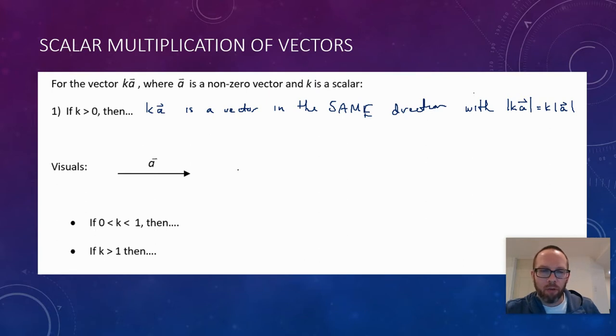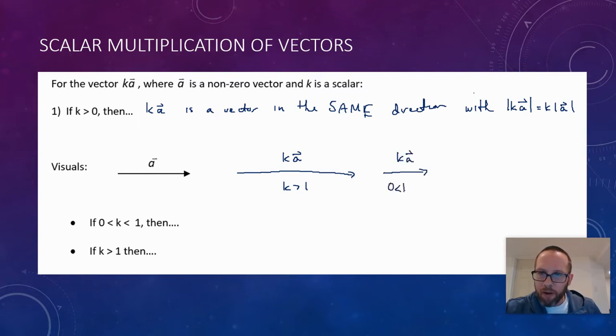So here's a visual. If k is bigger than 1, you're going to get a vector in the same direction, but it's going to be stretched. So I'll really emphasize that here. So let's say that's vector kA when k is bigger than 1. It's going to lengthen the vector. You can also have this vector, I'm going to draw it intentionally a lot shorter.